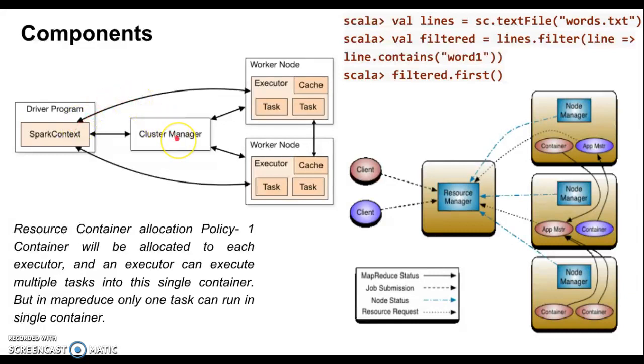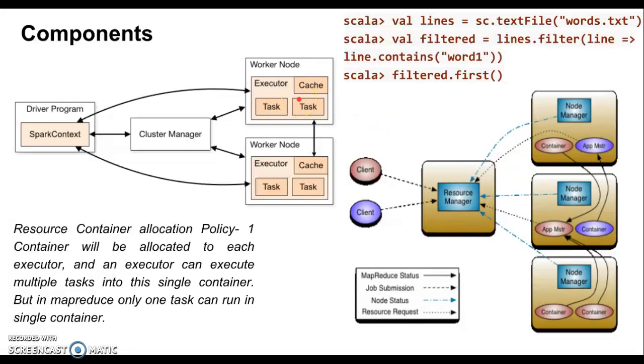Here YARN works as a cluster manager, Spark context works as a client, and the driver program is considered as an application. So the driver program is an application which will be submitted by the Spark context to the YARN cluster. The node manager will be called a worker node, and you can map the container to the executor. So one executor takes one container.